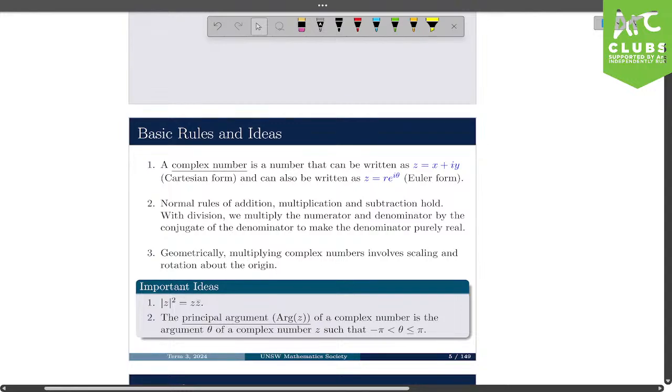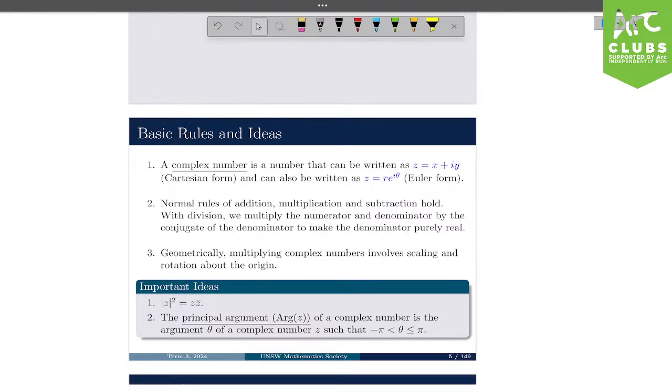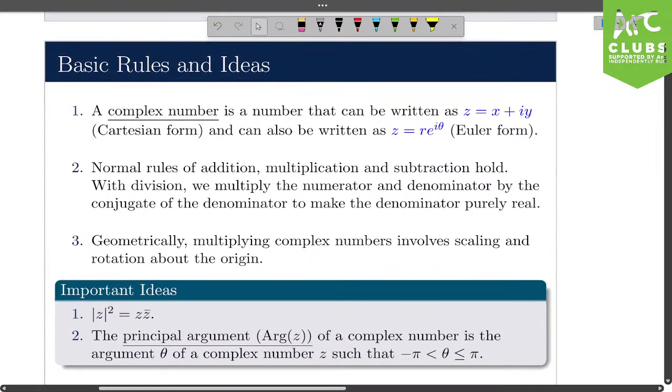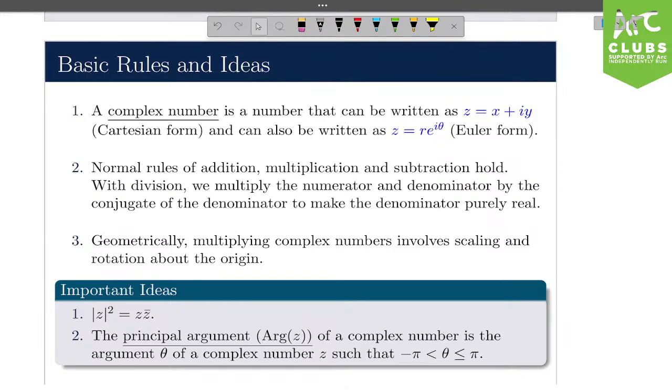I'm pretty sure you remember what complex numbers are from 1141, 1241, but as a small reminder, they are numbers that can be written as z equals x plus iy for some real part x and some imaginary part y, or you can write it as z equals r e to the i theta, which is the Euler form.